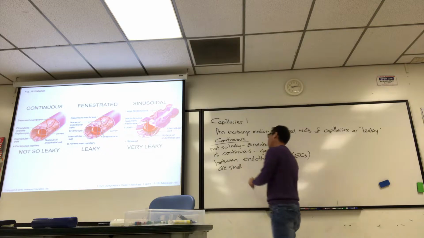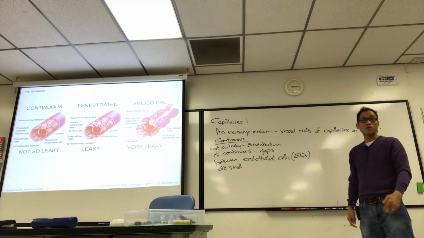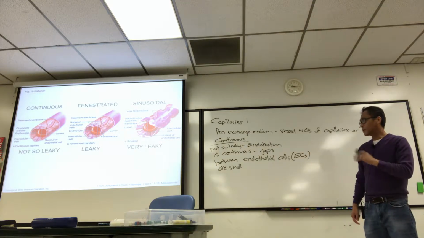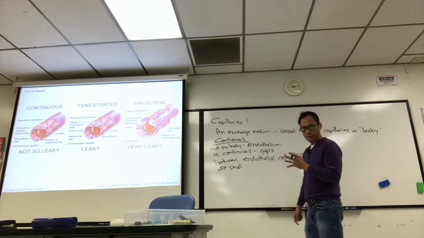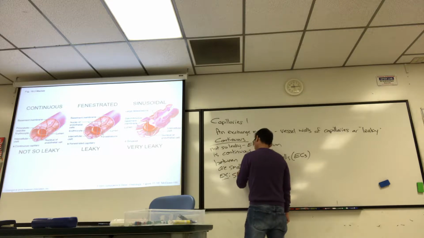So these allow the least exchange, and what you can exchange are maybe the smallest molecules like oxygen and glucose. You usually see continuous capillary beds in skin and muscle.